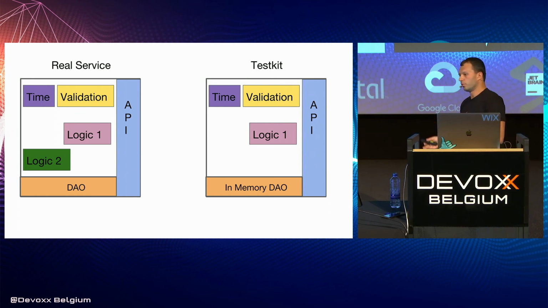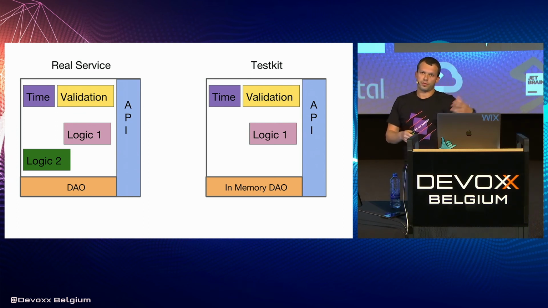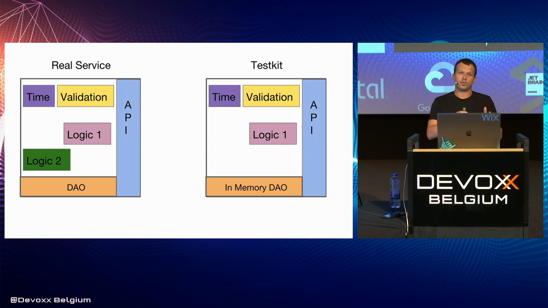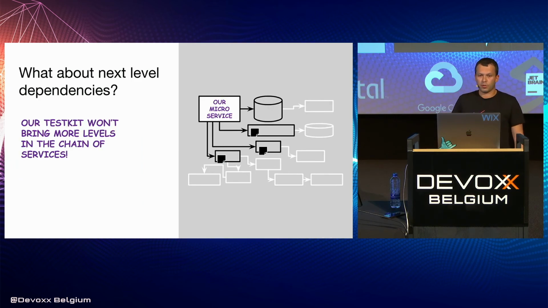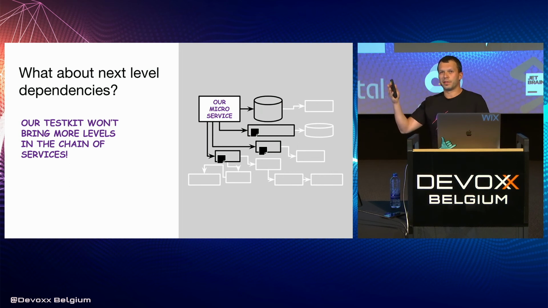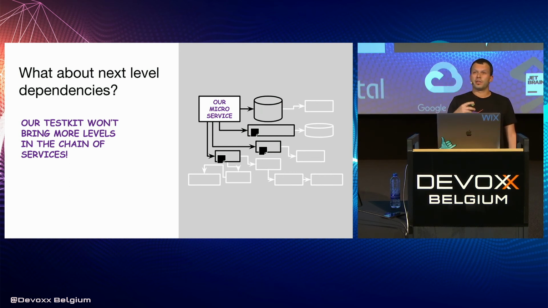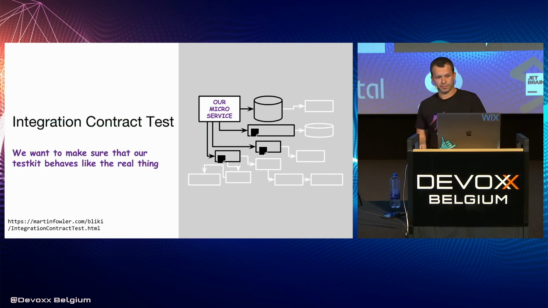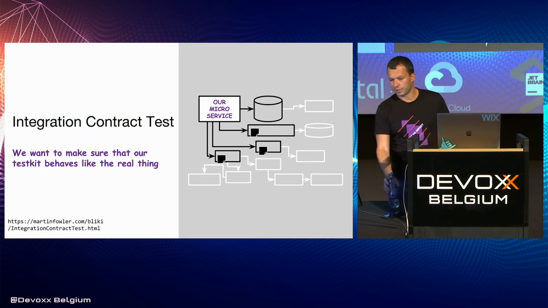Of course, you don't want to run another database for your consumers, because if your consumers use 20 microservices, and each one of them will have a database, it's a lot of databases, a lot of memory consumption, a lot of resources. So we will not bring in next dependencies, not services, not databases. So how do we solve this? With the integration contract test.